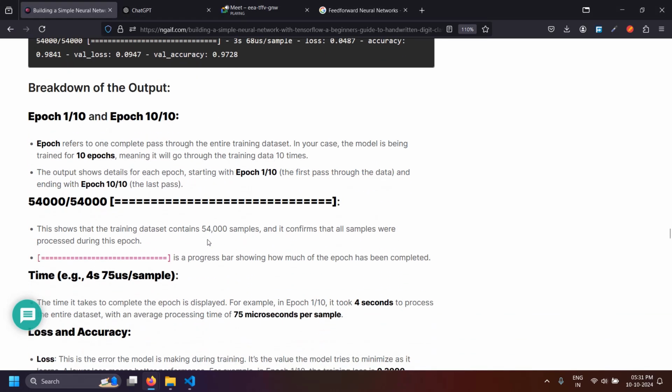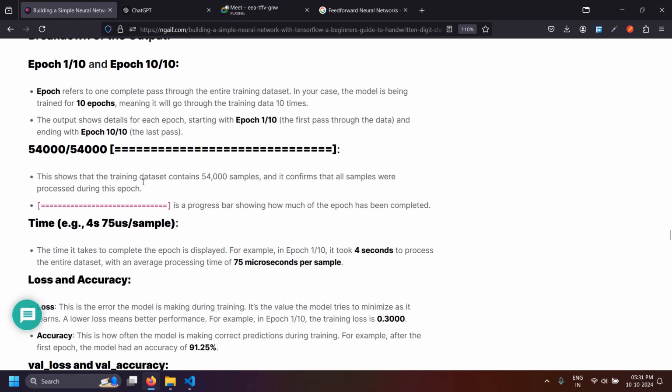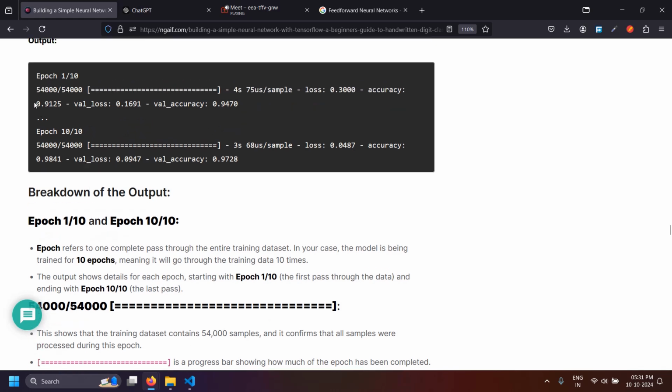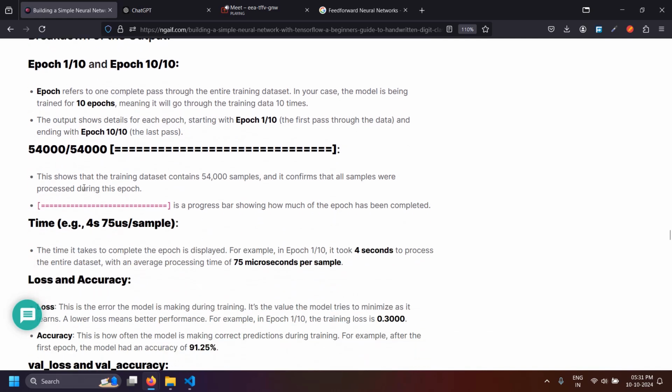Now let's see more what this means. Here in this output you can see 54,000 by 54,000. This shows that the training dataset contains 54,000 samples, and it confirms that all samples were processed during this epoch.